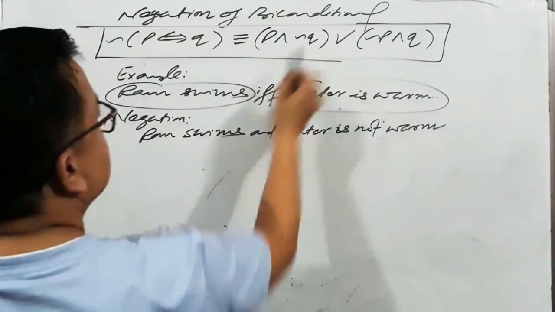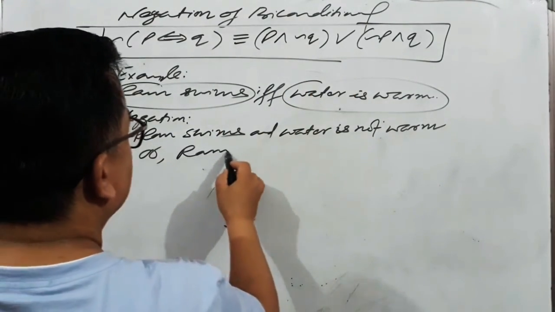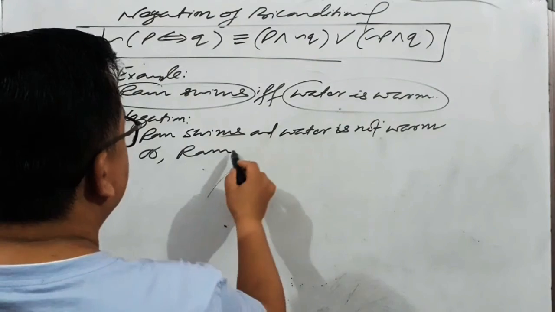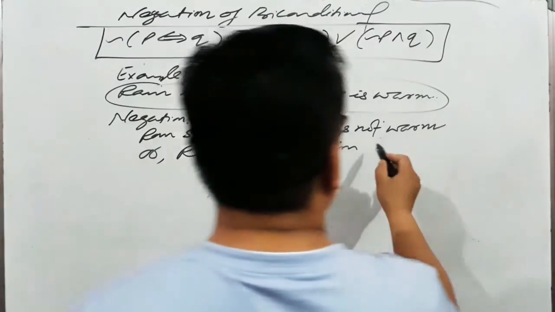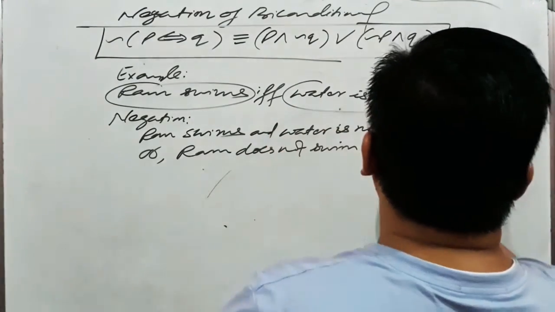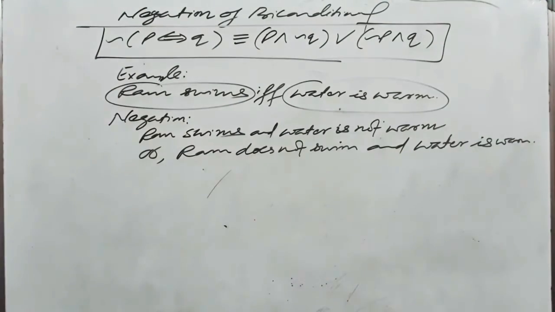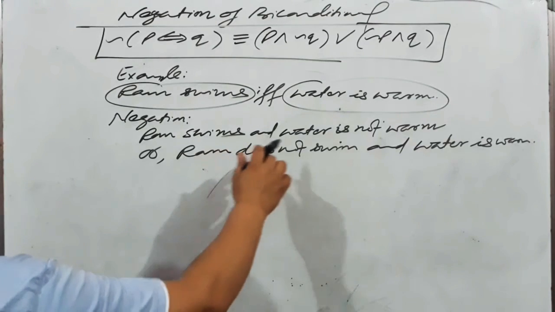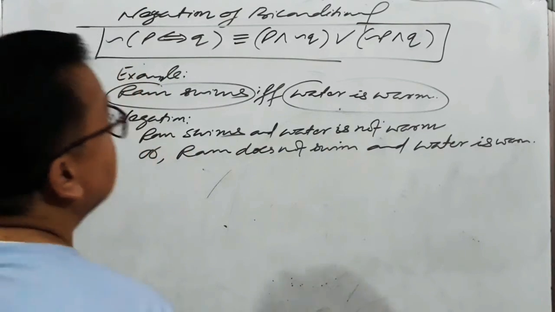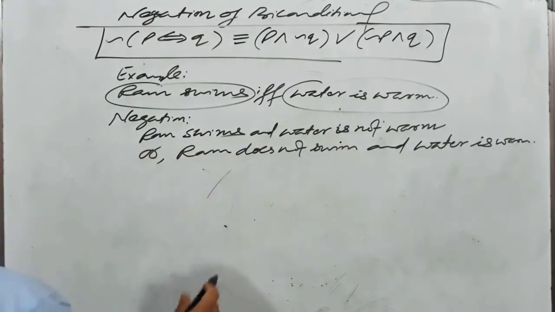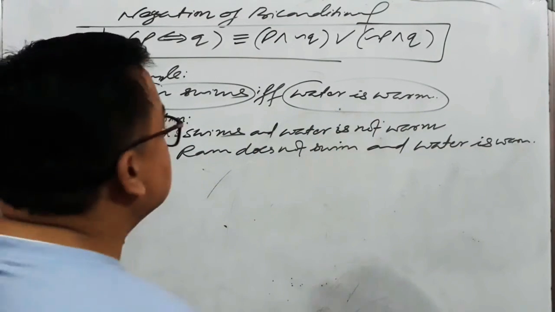Or, negation of P means Ram does not swim, and Q means water is warm. So I hope you are clear now. Ram swims and water is not warm, or Ram does not swim and water is warm. Here you may use either, no problem.